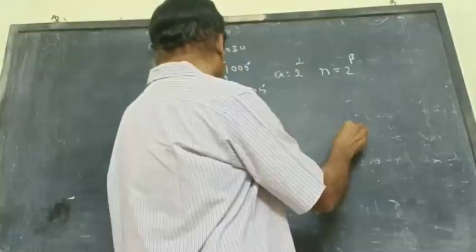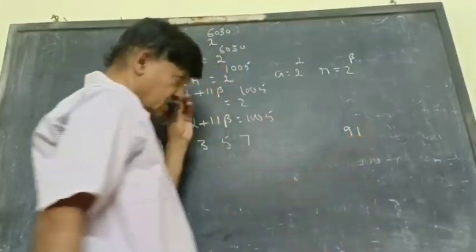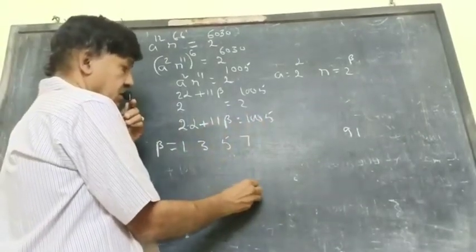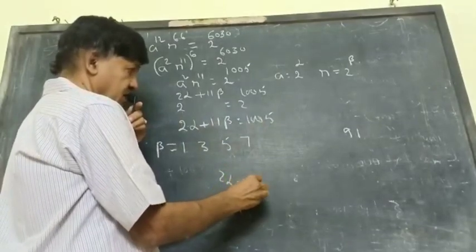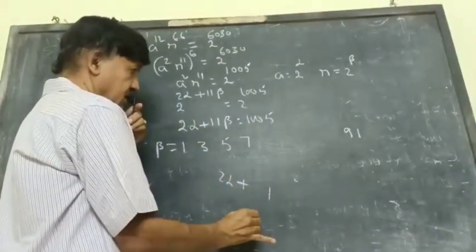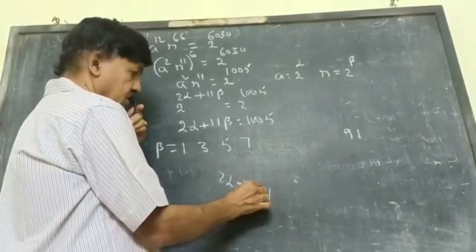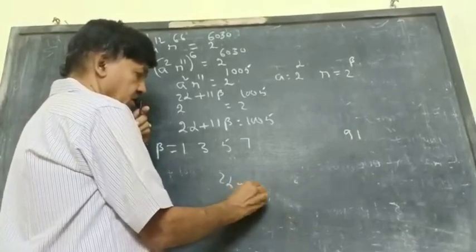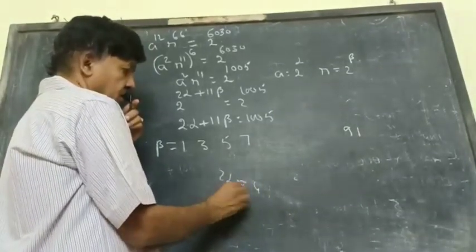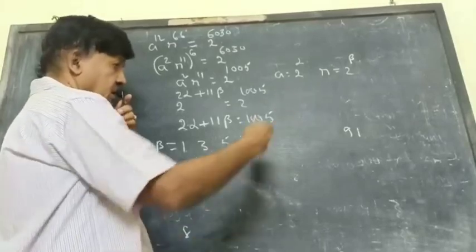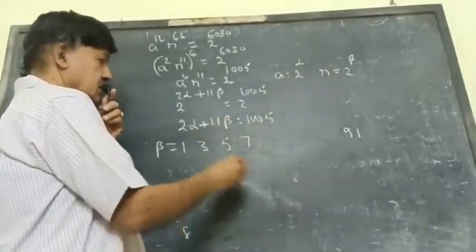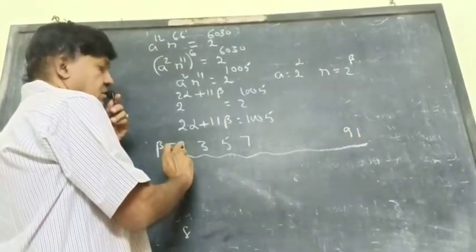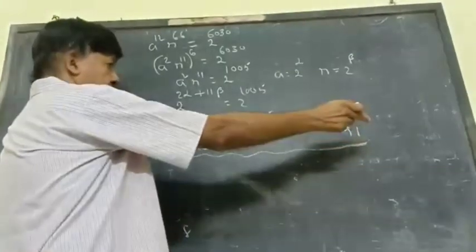I think 91. If beta is 91, 2 alpha plus 11 into 91 is 1001, so 2 alpha is equal to 4, and alpha is 2, no problem. 92 and 93 are not possible. So how many values of beta are these? 1, 2, 3 up to 92.